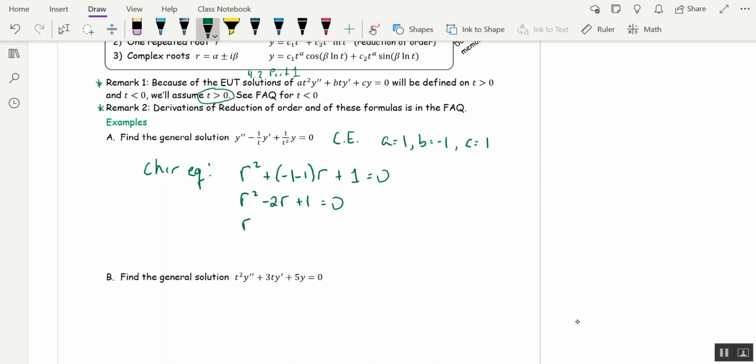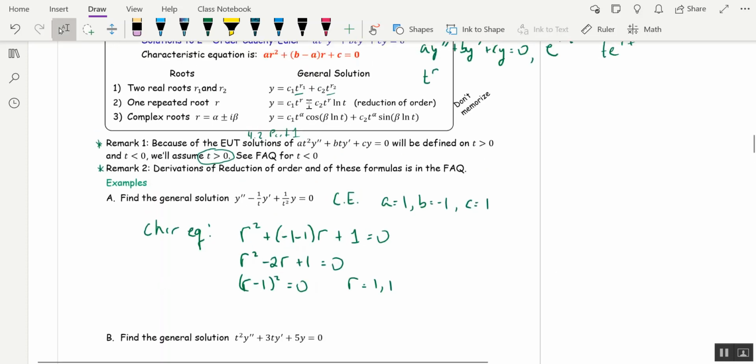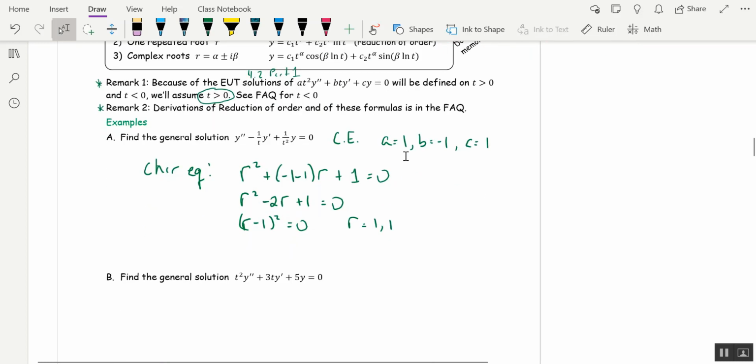So that's (r minus 1) squared is 0. So I have a repeat root of 1. So I go up to my little box and I see what to do in the case of a repeat root. I multiply by ln t. So my general solution is y equals c1 t to the r, which is just t to the 1, and then plus c2 t ln t.